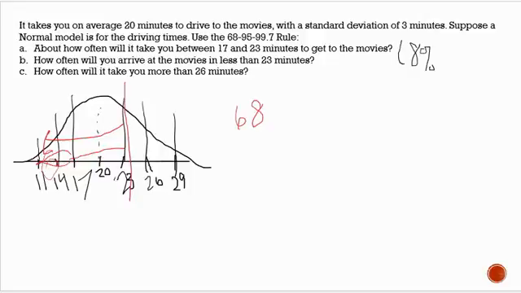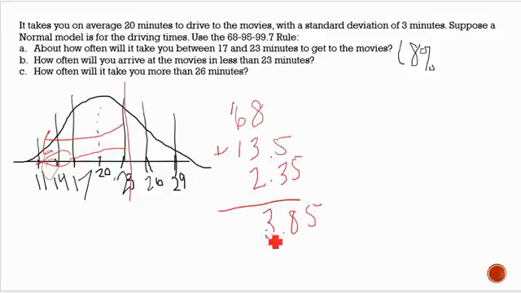Take a moment to pause your video and find that number. You should have gotten 13.5 and 2.35. Add those up. You should have 83.85%. Please read letter C and then try that one on your own.